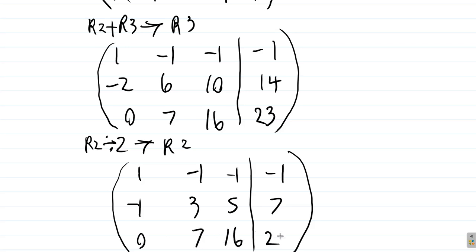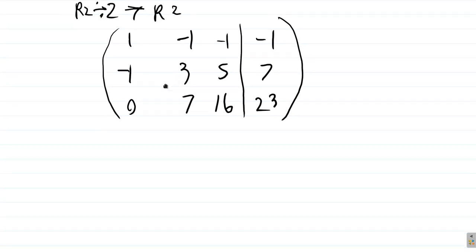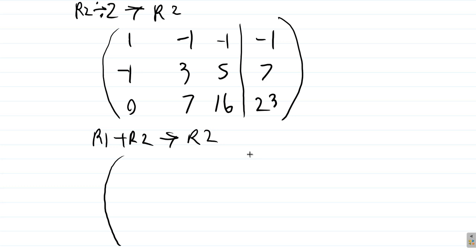Now we have row 3 again. What we can do now, if we add row 1 and 2, we get a new row. We replace row 2 with it. So row 1 plus row 2 will give us our new row 2. And that will give us a 0 above that 0 we already have.